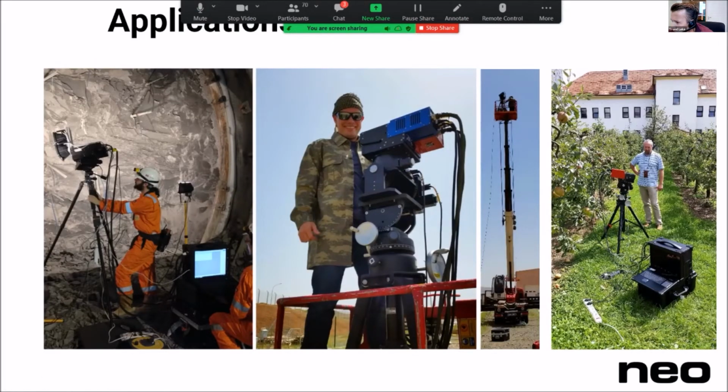Yeah, so here is for field application, just showing 3 installations where there's a French customer inside a tunnel looking at mineral classification. There's some military application, I think it's in Turkey. You have in Slovenia, someone looking at an apple farm.